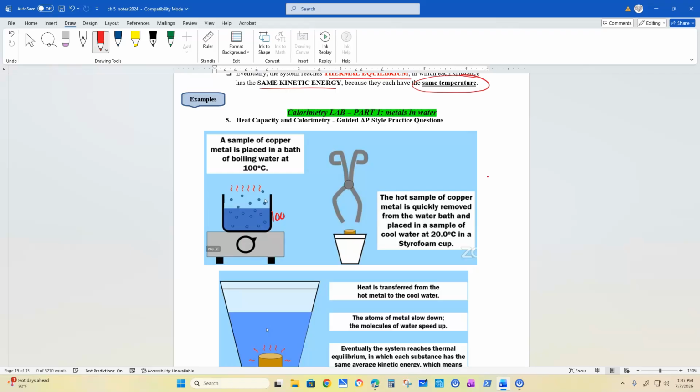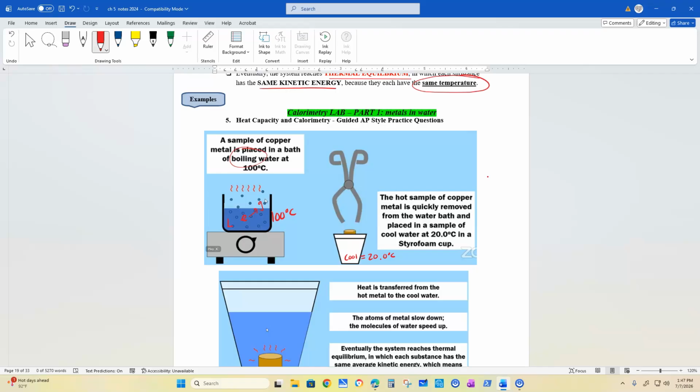The hot sample of copper is quickly removed from the water bath and placed in a sample of cool water. This cool water is at 20 degrees Celsius in that styrofoam cup.